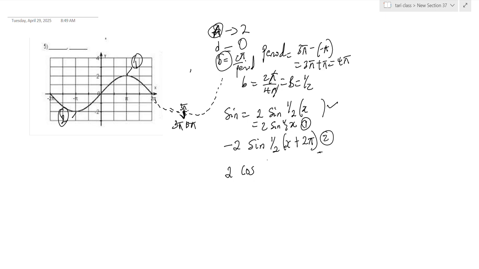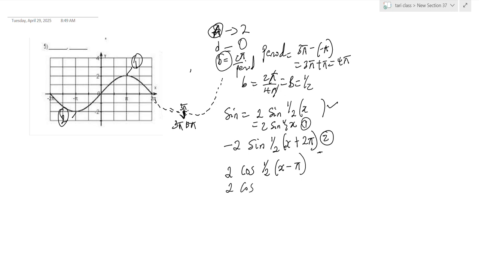So this will be 2 cos. My B doesn't change. Now let's observe. So assuming it's 0.1, the phase shift will now be negative pi, and my amplitude will be positive. So that's just it.